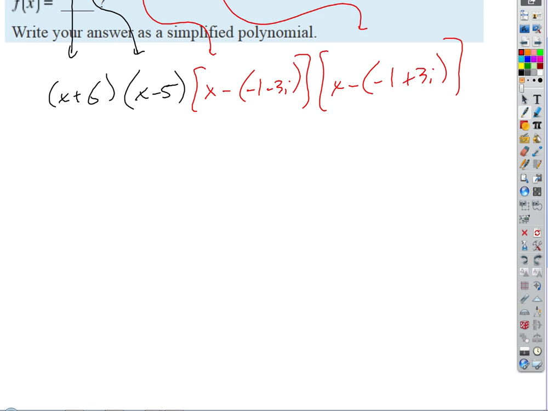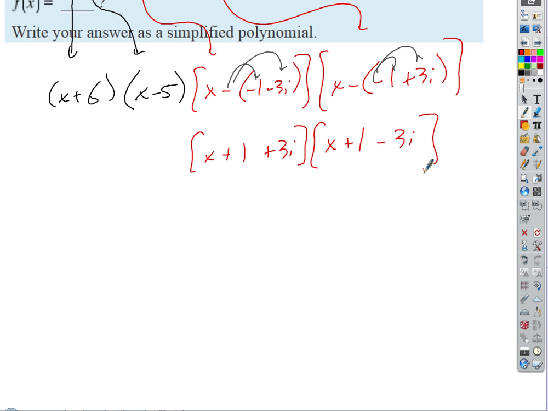So let's deal with the red ones first because they're conjugates. To make this easier, whenever you have something like this, distribute the negative sign. And what's that give us? That gives us x plus 1 plus 3i times x plus 1 minus 3i.